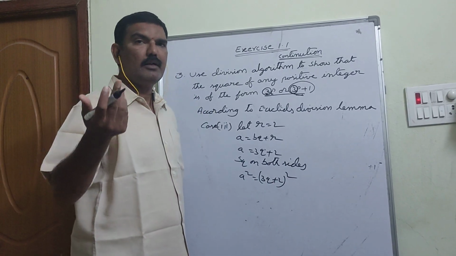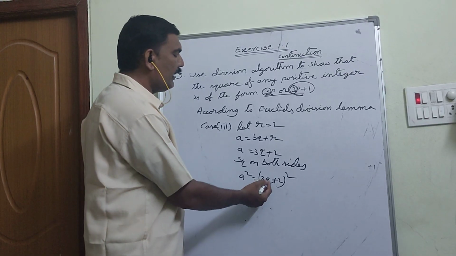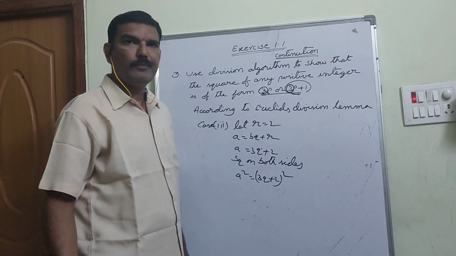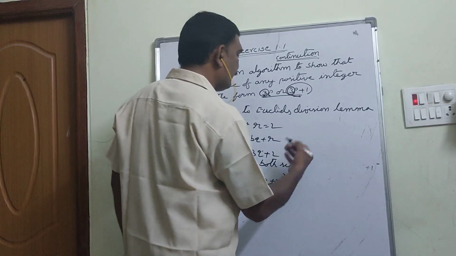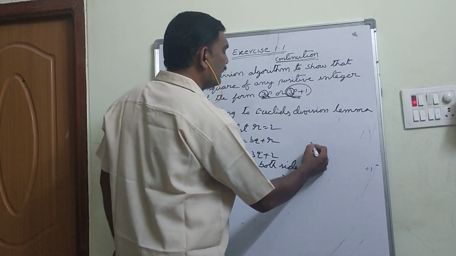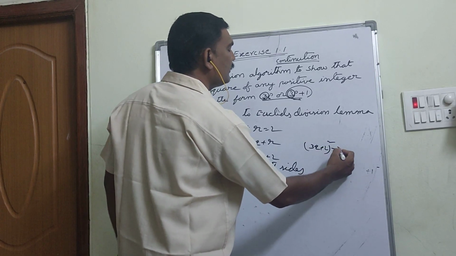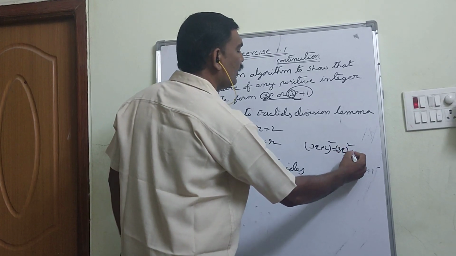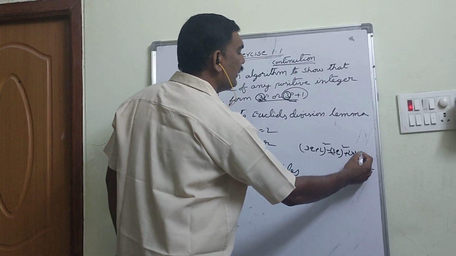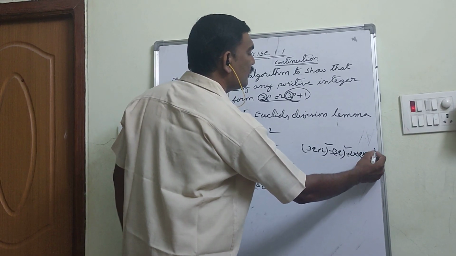So again it is in the form of a plus b whole square. In place of a, what you are seeing here? 3q. Same as just before, 3q plus 2 whole square. It is in the form of a plus b whole square: 3q whole square plus 2 into 3q into 2 plus 2 square.